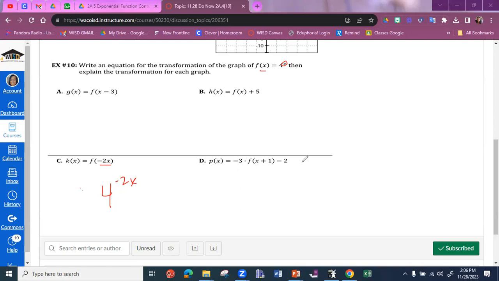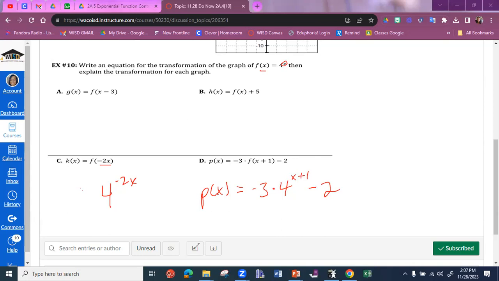Okay. On this one, you have several things taking place to this original function. So p of x equals, I am going to multiply f of x by -3. I'm then going to change my x to x plus 1. And then I'm going to subtract 2. So there's literally 4 things that took place in transformation world.